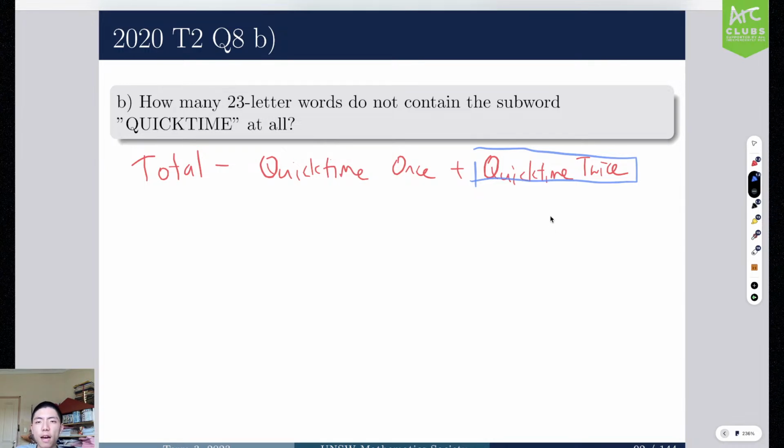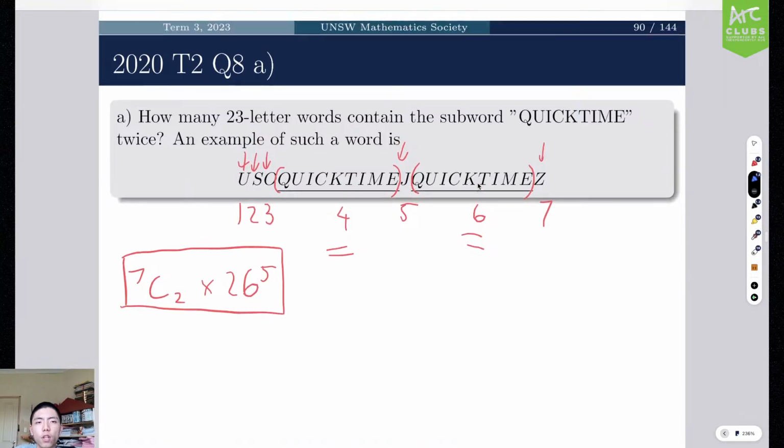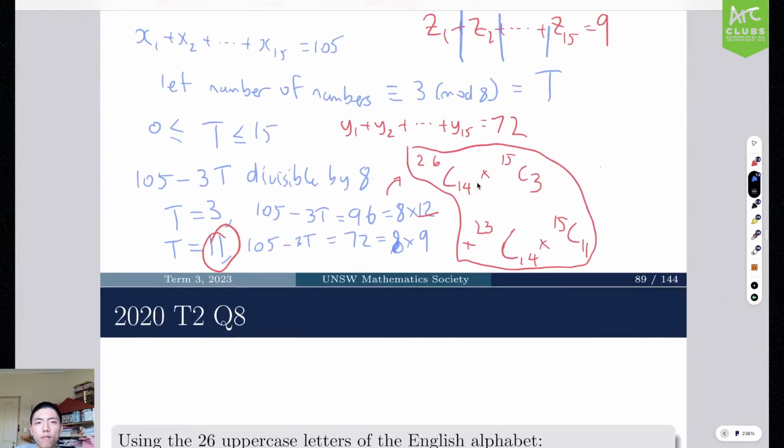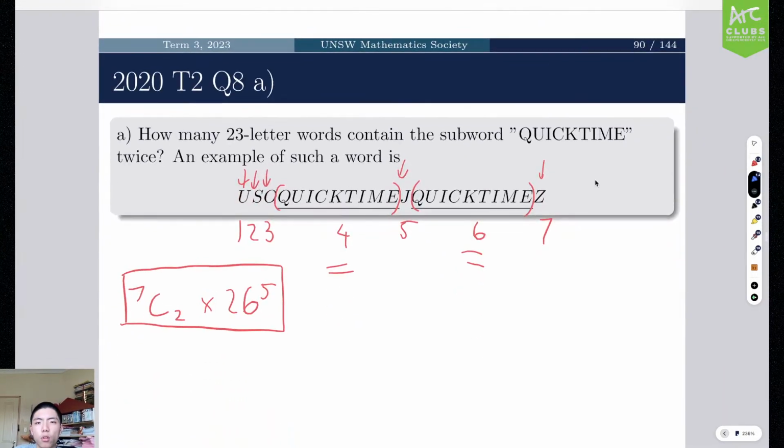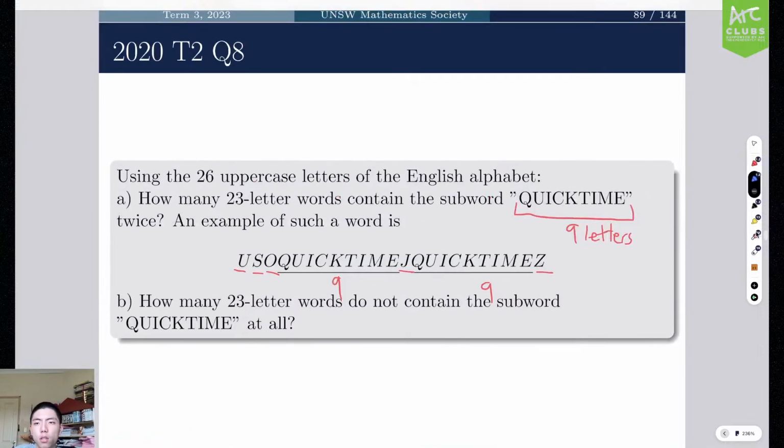Now we need to add back the QuickTime twice, because if we were to just subtract the QuickTime once and leave it, we would be subtracting 2 times when the QuickTime appears twice. So what I mean is if we look at the example that they gave us in the question, so I'll just borrow this one here. If we were to look at this one, where QuickTime appears twice.